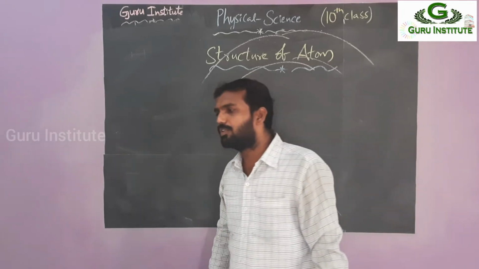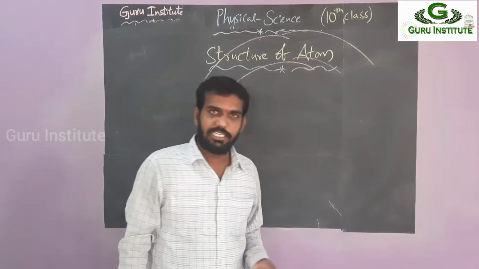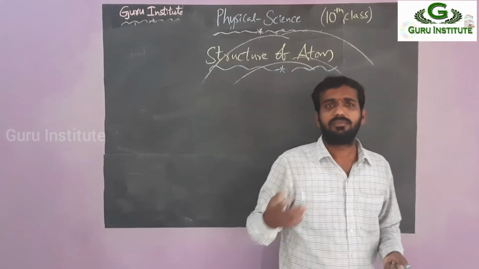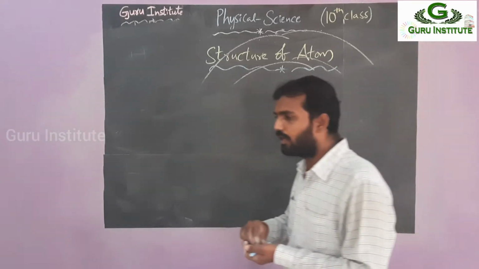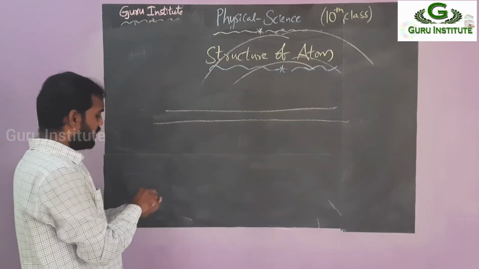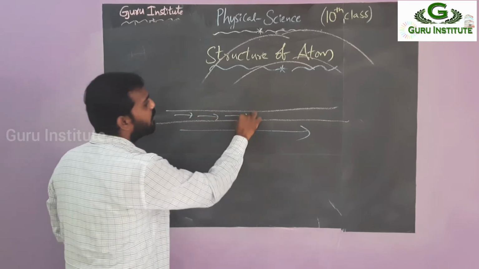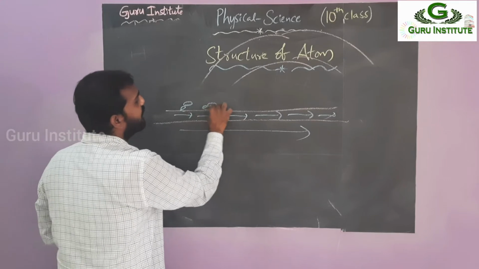In the same manner, take electricity. What do you mean by electricity actually? If you take one conducting wire, the current is moving like this. But actually the current is not moving, the charge is moving. The electron charge is moving.